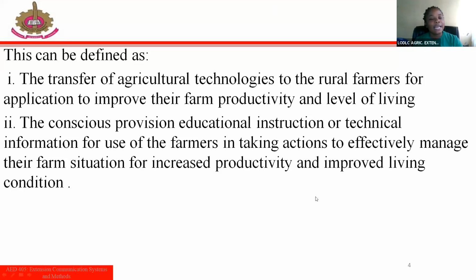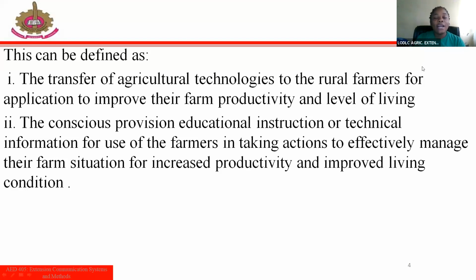Another definition says that it is a conscious provision of educational instruction or technical information for the use of farmers in effectively managing their farm situation for increased productivity and improved living condition.